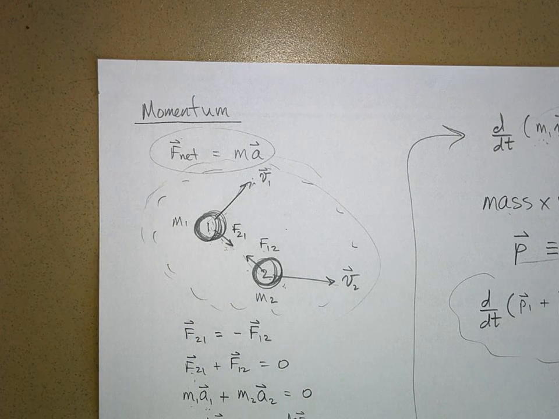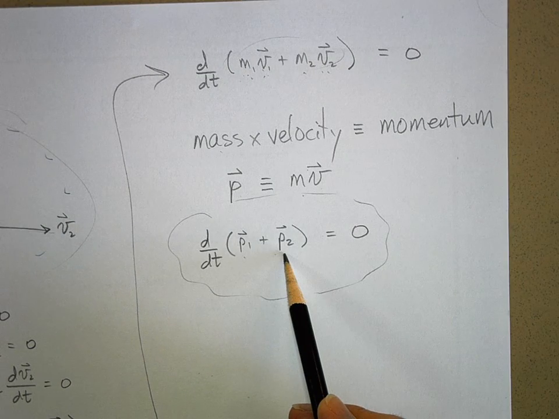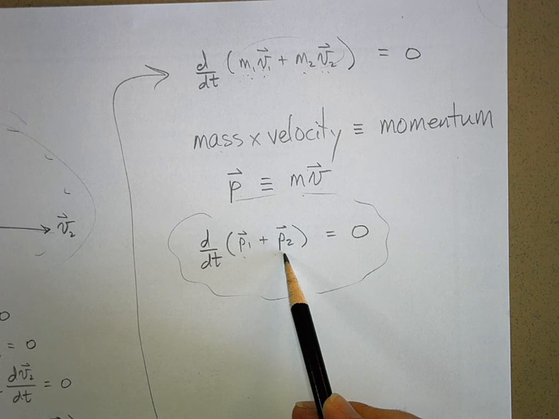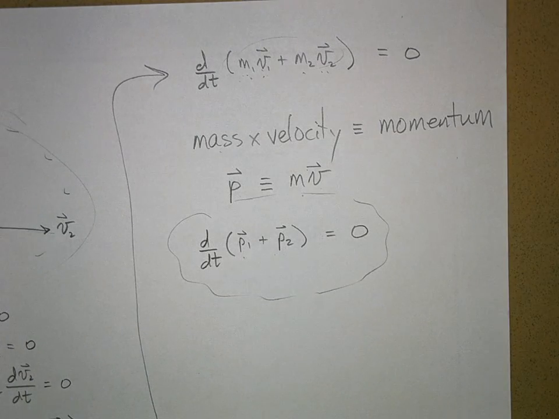There's no exchange in mass. There's no exchange in energy. There's no force. It's all by itself. Isolated system. So what this is saying is that if I add up the momentum of the particles in my isolated system, the sum of those momenta, which is the plural for momentum, is constant.